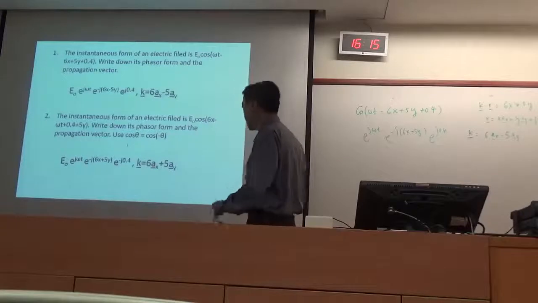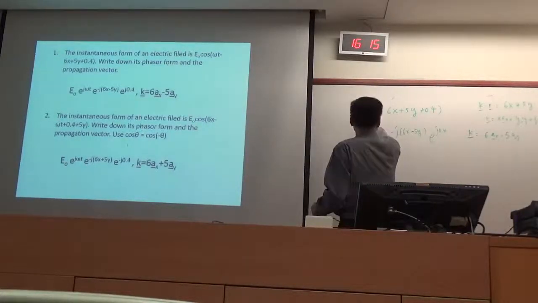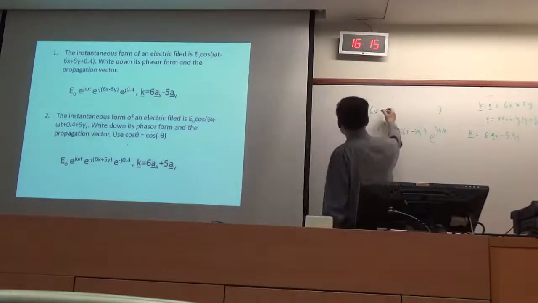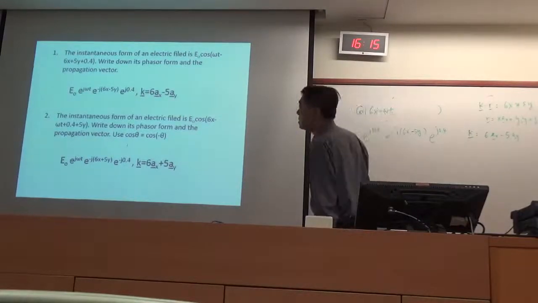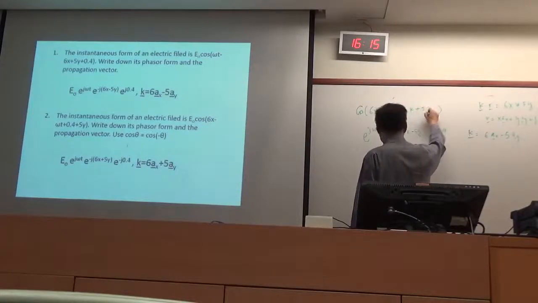The second one, E naught cosine(6x - ωt + 0.4 + 5y).